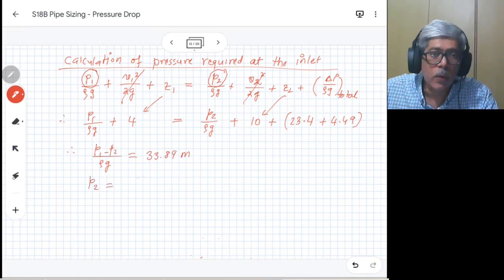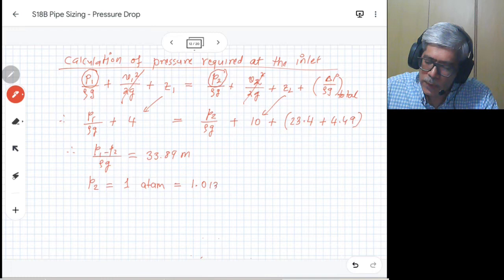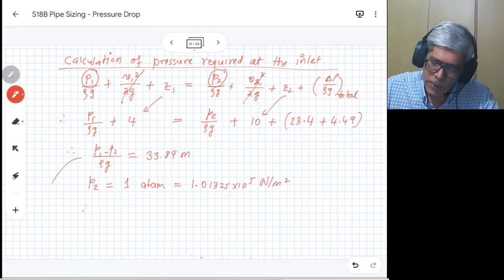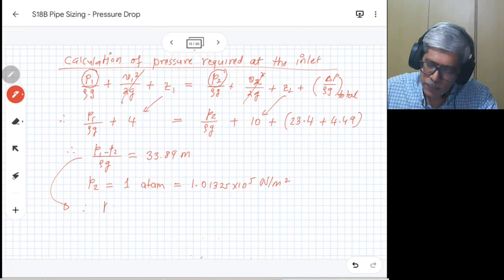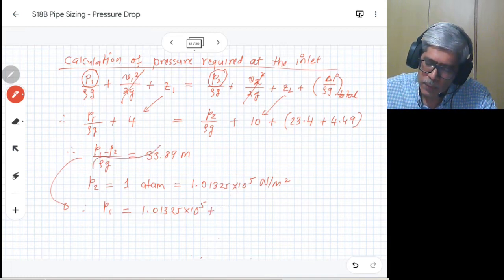P2, the pressure at the outlet, is given as 1 atmosphere, which corresponds to 1.01325 into 10 to the power 5 Newton per meter square. Therefore, using this equation, P1, the unknown inlet pressure which is required, will be given as P2, that is 1.01325 into 10 to the power 5 Newton per meter square, plus the value rho g h.